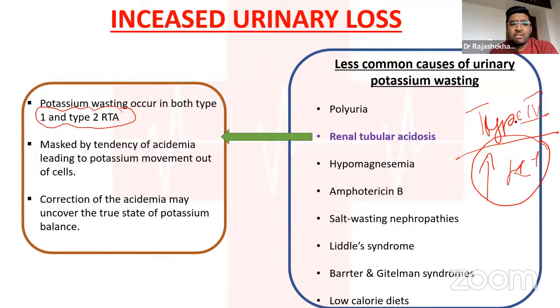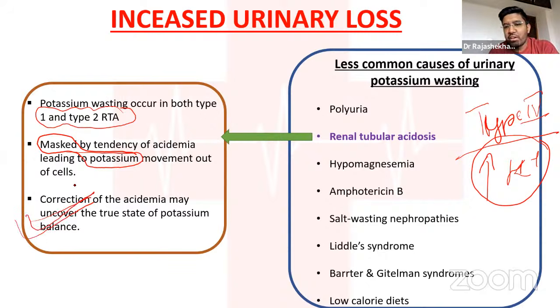Whenever there is an acidosis, there is masked hypokalemia in a patient due to extracellular movement of this potassium. So if you correct this acidosis, the potassium in the extracellular fluid tends to go back to the intracellular compartment, uncovering the true state of potassium balance in your patient.